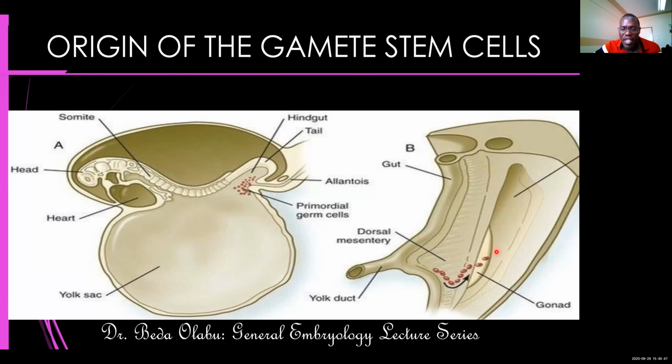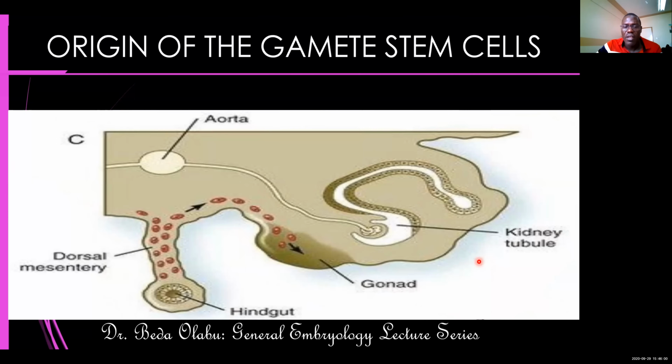This gonad can either be testis or ovary, but they invade the developing gonad. Once they have invaded the developing gonad, they stay there, migrating into the developing gonad.